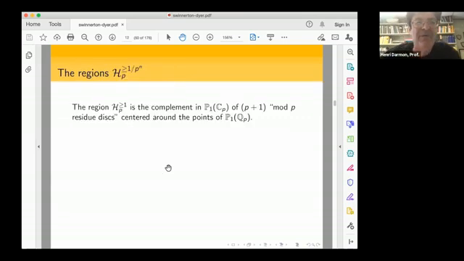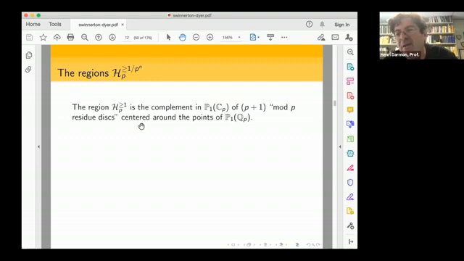So if I look at the region, for example, HP greater than 1, if you think about it, you'll realize that it's just the complement in the projective line over CP of P+1 residue disks, where I've excised from the projective line over CP a collection of P+1 residue disks about the P+1 points in P1 of FP. And in doing so, of course, I've removed all of P1 QP and a lot more as well.